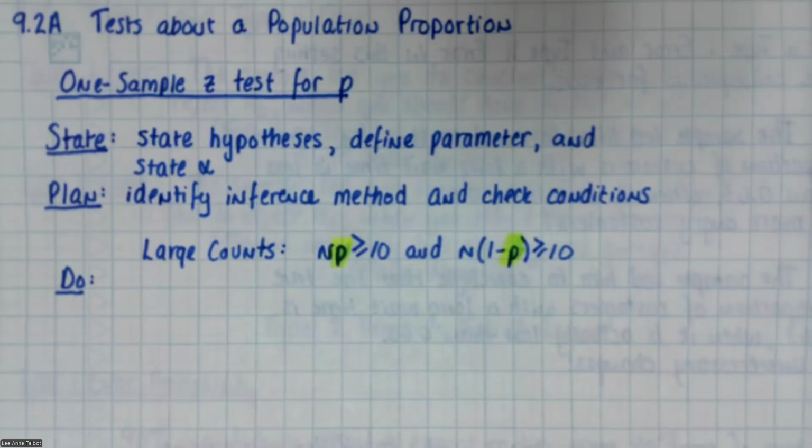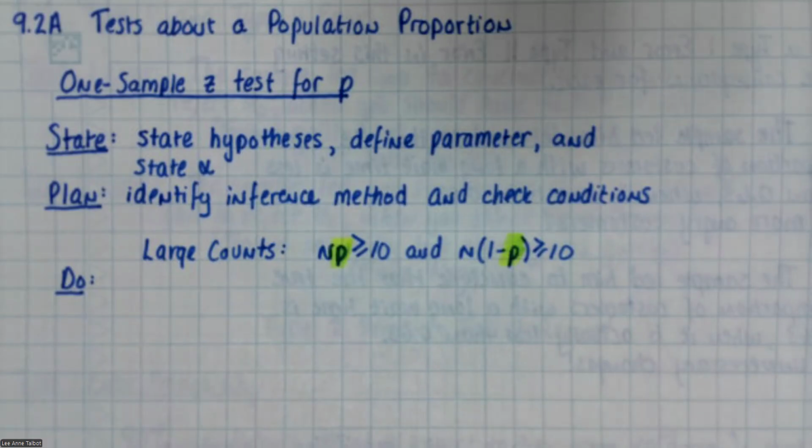What's the vocab word for the answer to the hypothesis test? The mathematical answer. P-value. And you probably didn't come up with that because we haven't calculated one on our own yet. So it's like, how do we get the p-value?